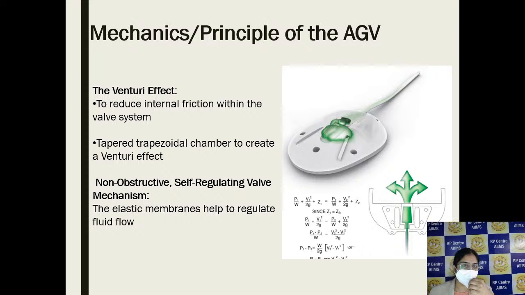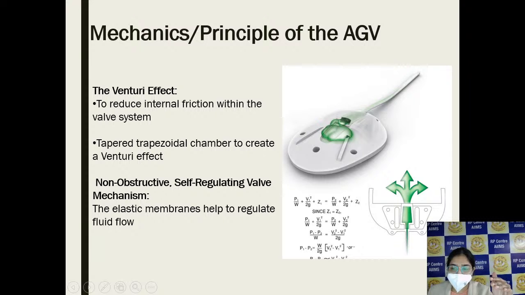The principle of the AGV is the Venturi effect. What we can see in this diagram is a Venturi chamber, a quadrangular kind of chamber. The main principle here is that the flow rate is the multiplication of the area and the velocity. If the area is more, the velocity will be less, and if the area is less, the velocity will be more.